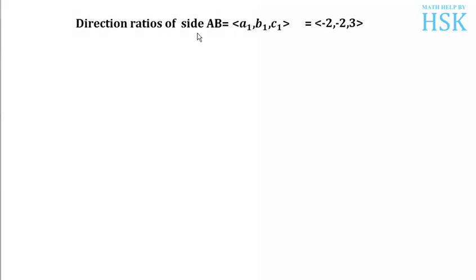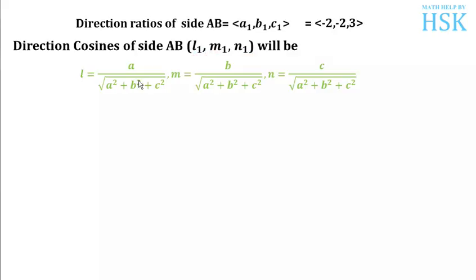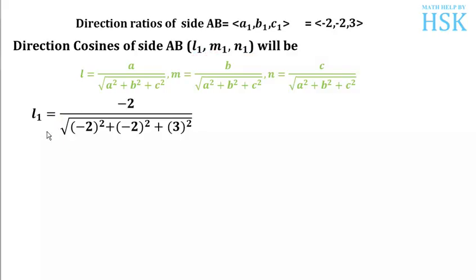Using the direction ratios of the side AB, that is a1, b1, c1, we are now going to calculate the direction cosines of the side AB, that is l1, m1, n1. We are going to use this formula, and l1 will be equal to a1 upon the square root of a1 square plus b1 square plus c1 square.